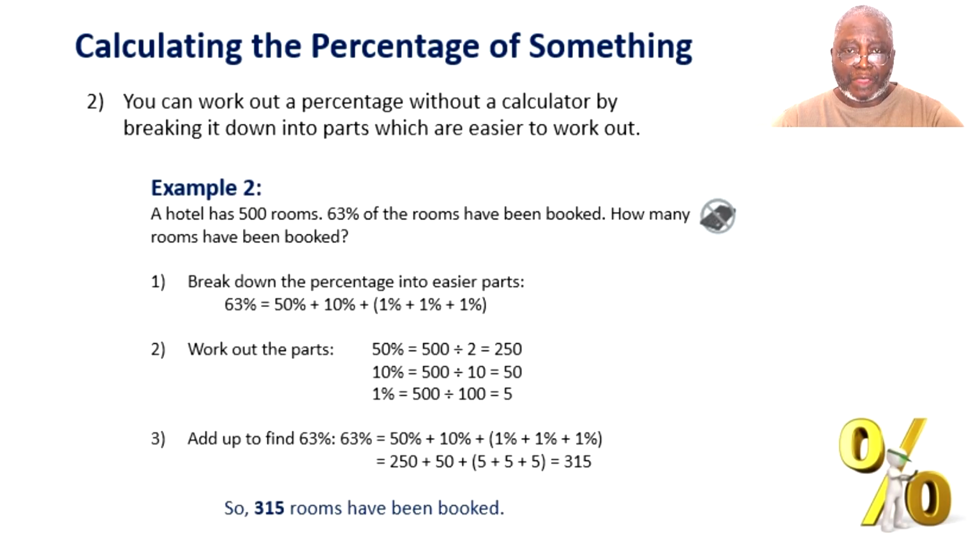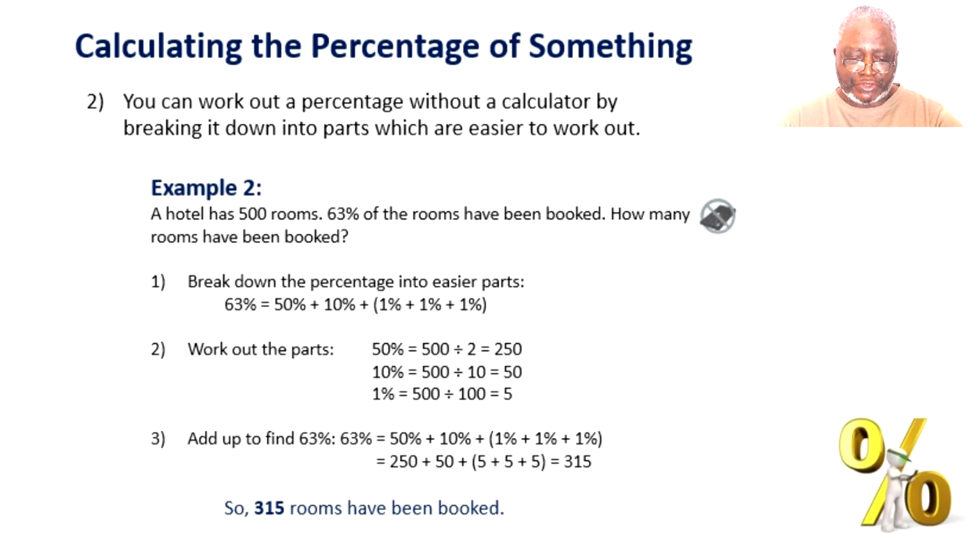Don't forget when you've made your conversion that you have three 1% to deal with. Work out the parts. 50% is equal to 500 divided by 2, which is 250, because 50% is half. 10% is equal to 500 divided by 10, which is equal to 50.